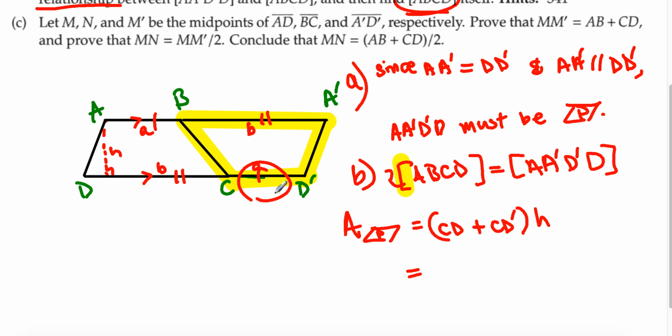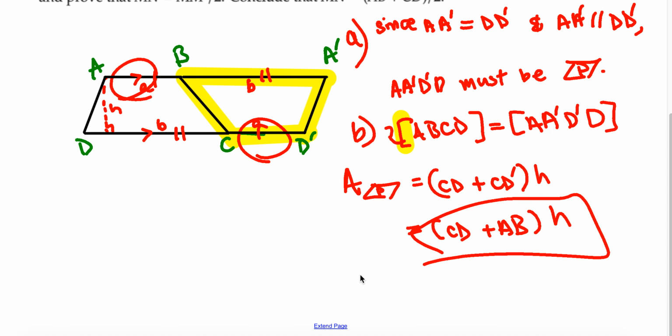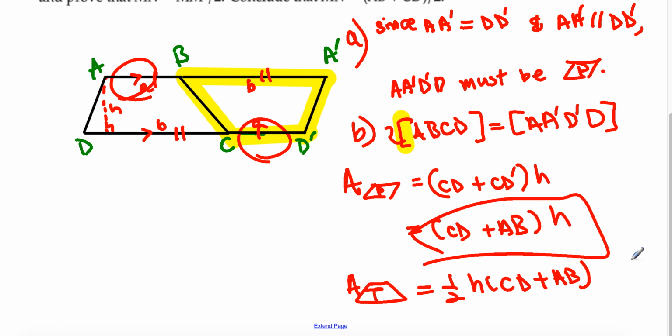That's the same as AB, so we get CD plus AB times H. That will be the area of the parallelogram. That tells us that the area of the trapezoid is half of that. So we get half of H times CD plus AB. That becomes our final answer for part B.